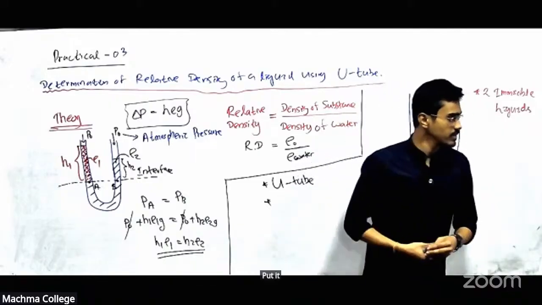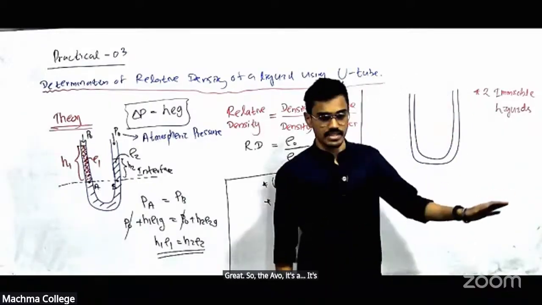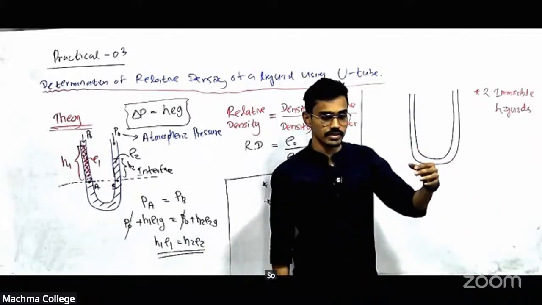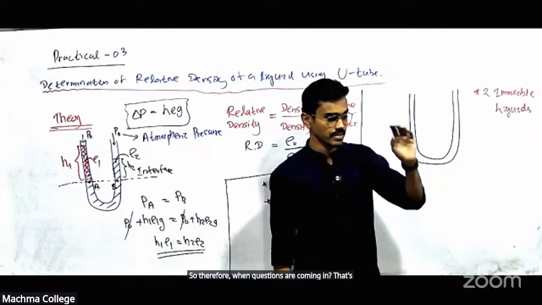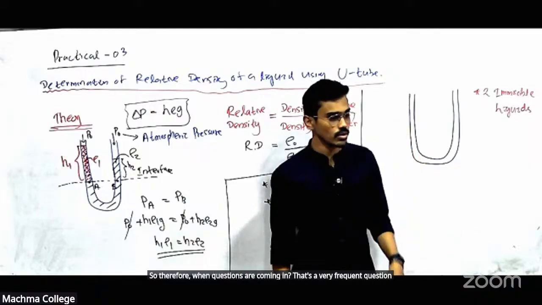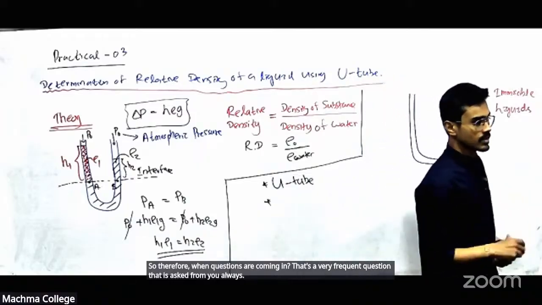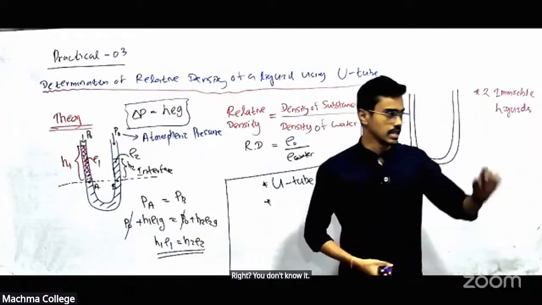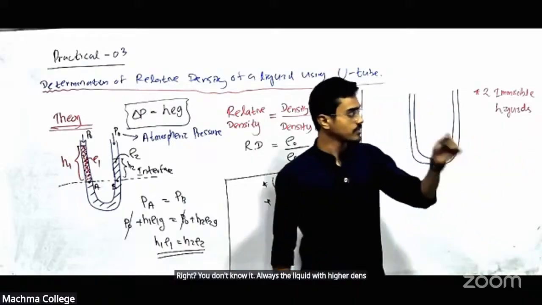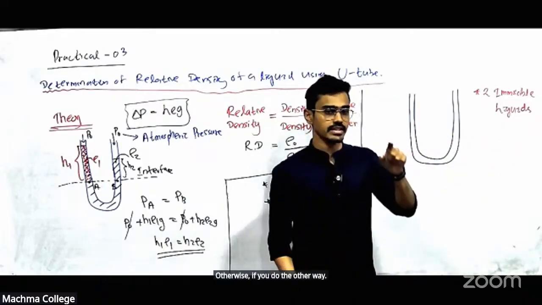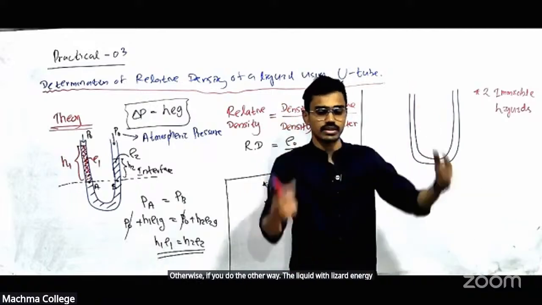So therefore, it's a wrong practice. That's a very frequent question that is asked from you always. You have to know it. Always the liquid with higher density should be put first. Otherwise the liquid with lesser density spreads to both limbs.